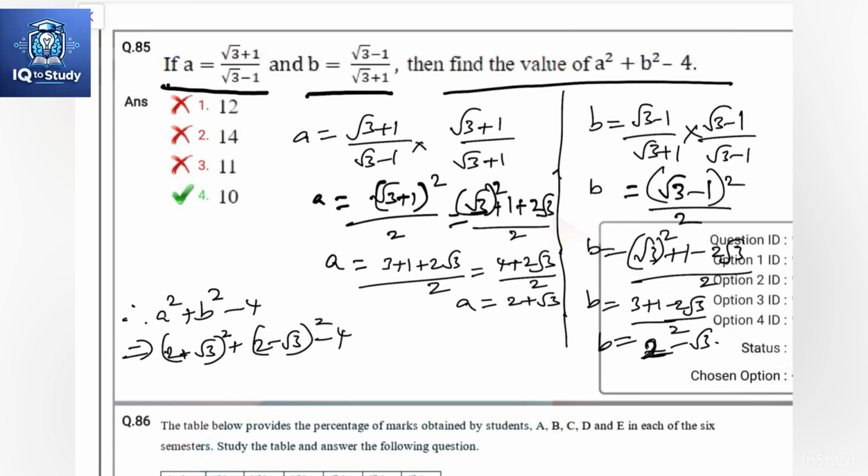It can be solved using A plus B whole square and A minus B whole square formulas, which implies 7 plus 4 root 3 plus 7 minus 4 root 3 minus 4, which is equal to 14 minus 4, that is equal to 10. So option 4, which is 10, is correct.